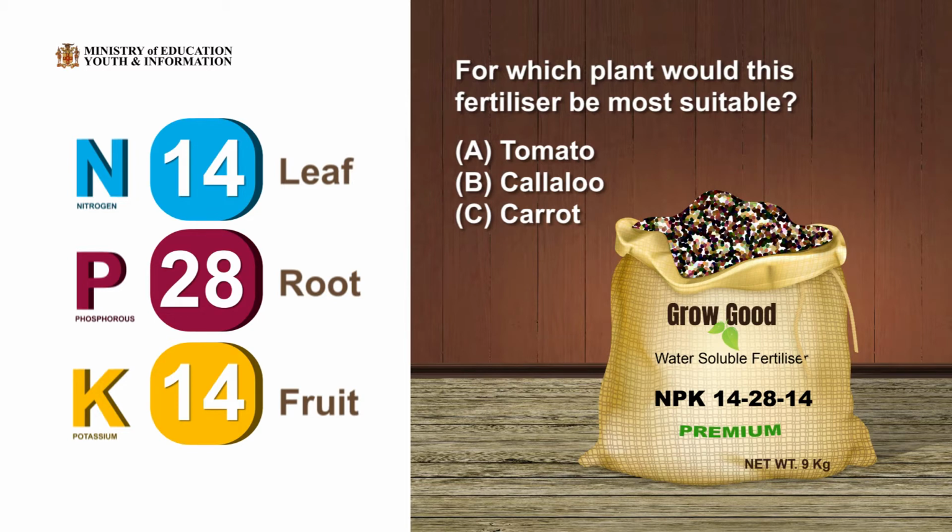So we have 14 for nitrogen, 28 for phosphorus, and 14 for potassium. So think about it. Yes, you are correct. It is phosphorus which is needed in its largest portion. Therefore, it will influence or affect our root crops more, like your sweet potato or your carrots.